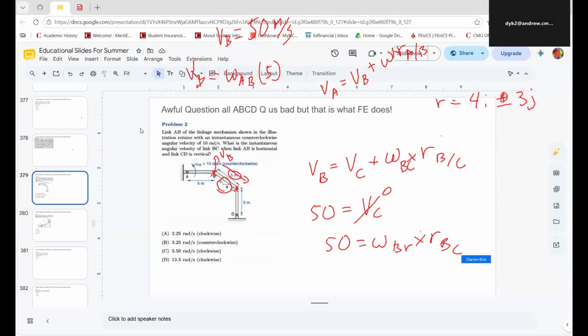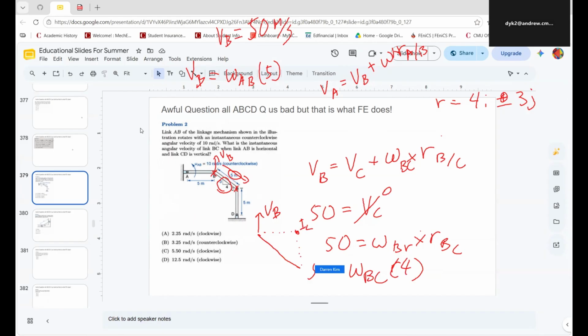We know in the graph that if we have something like this, the IC must be over here, because a cross product is basically doing a moment, and the only way to get something out of it is with the VB. So that's 50. Omega BC basically equals 50 over r, which is 4 in this case.